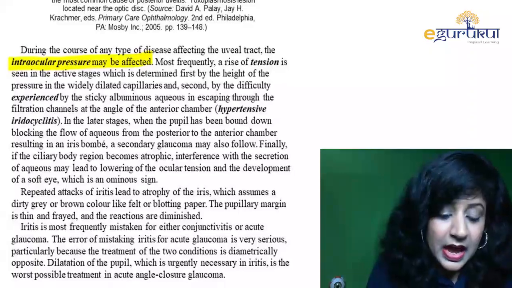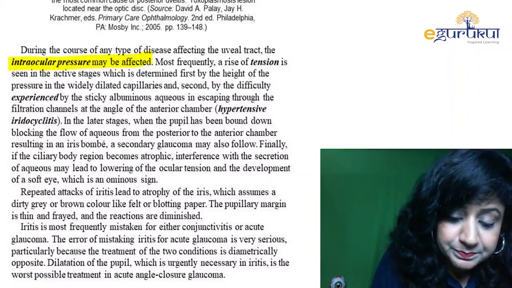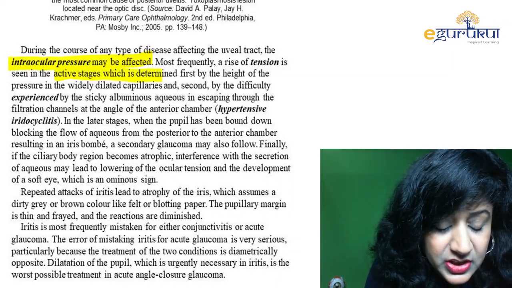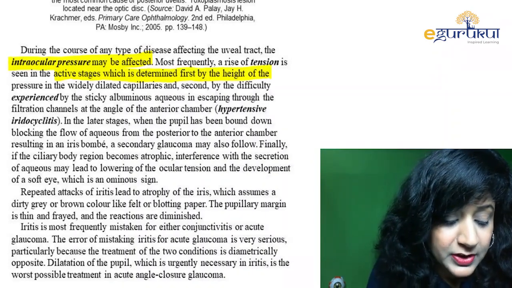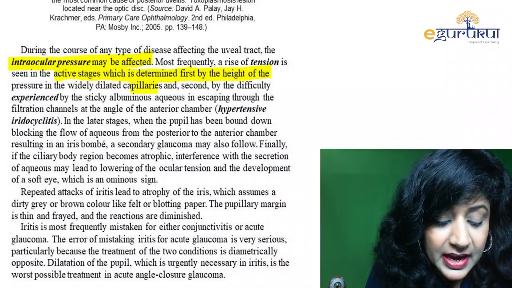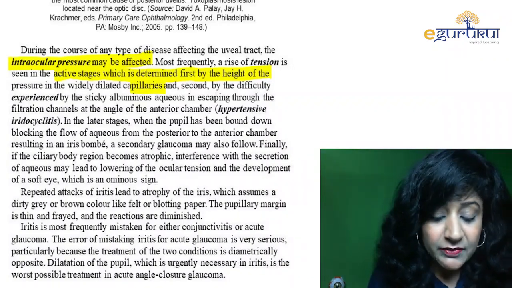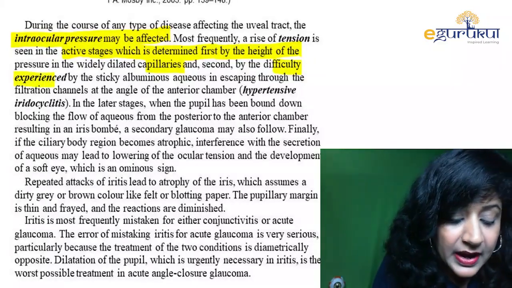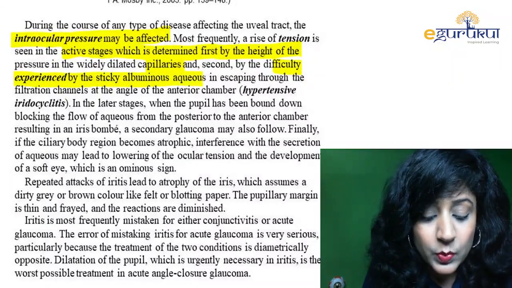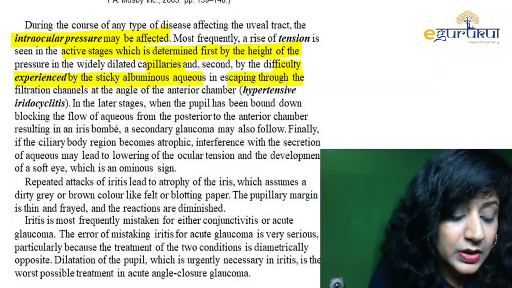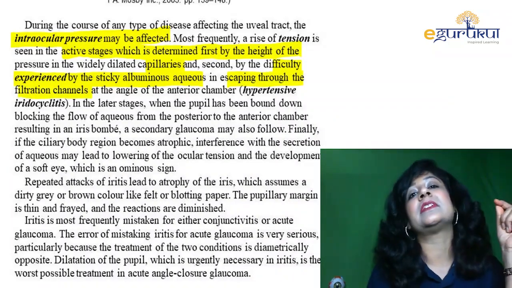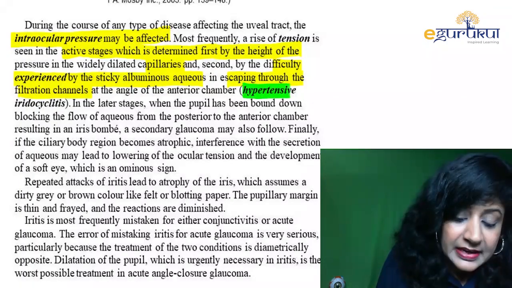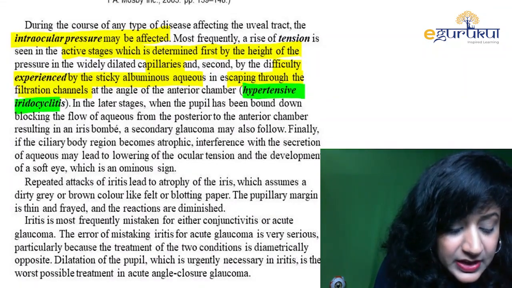All right, now more frequently a rise in tension is seen in the active stages, which is determined first by the height of the pressure in the widely dilated capillaries. And also there is the difficulty experienced by the sticky albuminous aqueous in escaping through the filtration channels present at the angle of the anterior chamber, and this is found in hypertensive iridocyclitis.